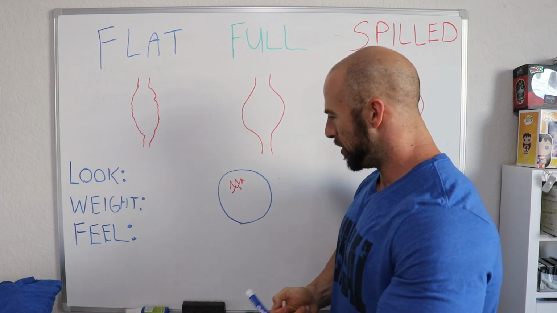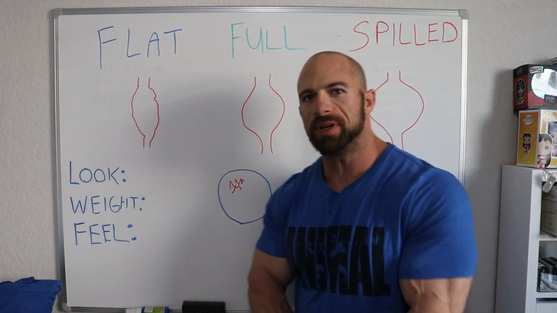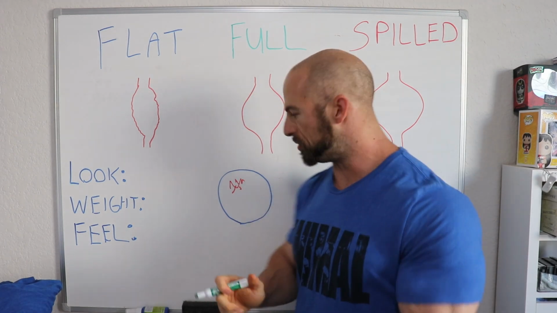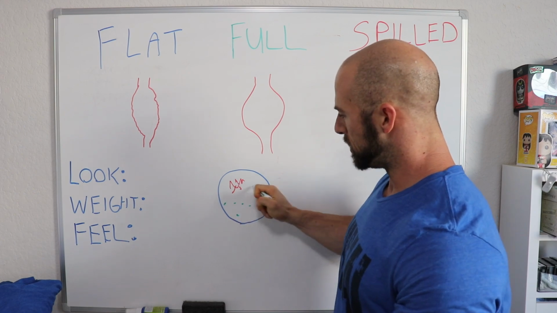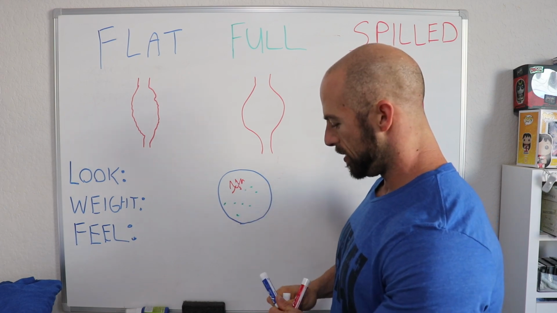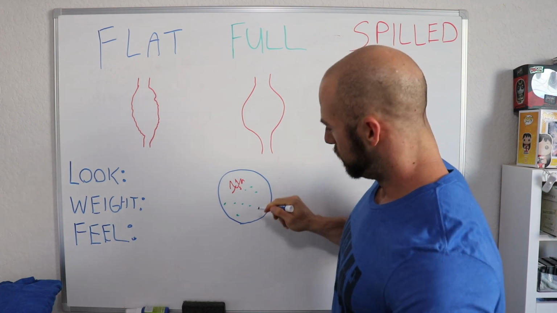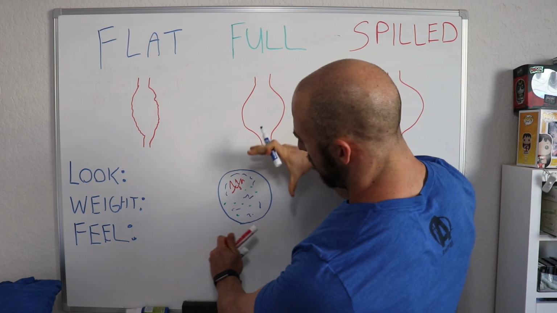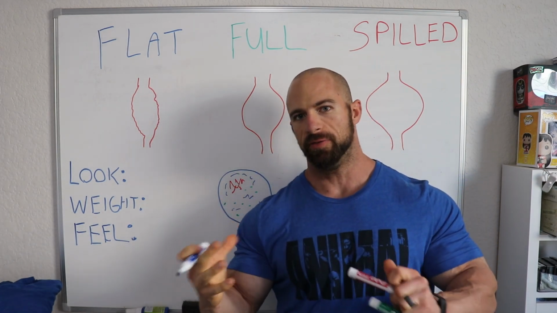Then within that cell we'll also have some different electrolytes. Intracellular, the main one is potassium. There's also going to be some water present as well, and within this cell is what's going to give it its volume.